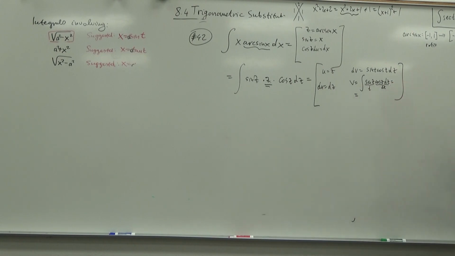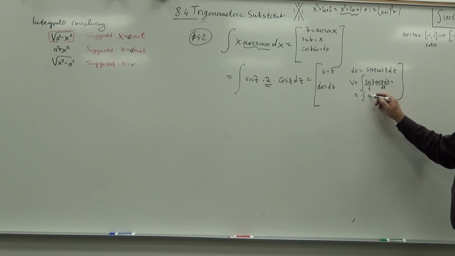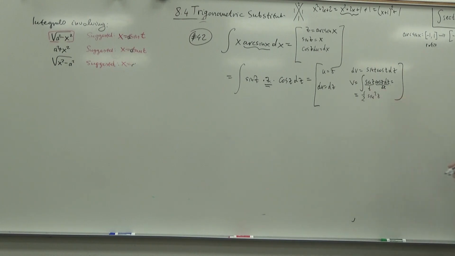So the integral of t dt is 1/2 t squared, so generally it's just 1/2 sine squared z. And then everything works quite well. So when you multiply, you get 1/2 z sine squared z minus the integral of v du, which is 1/2 sine squared z dz.